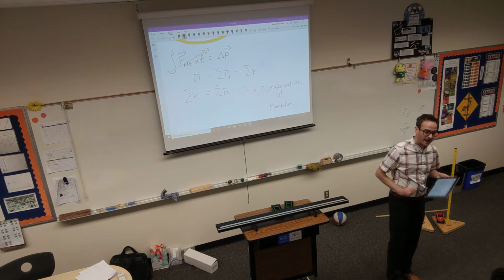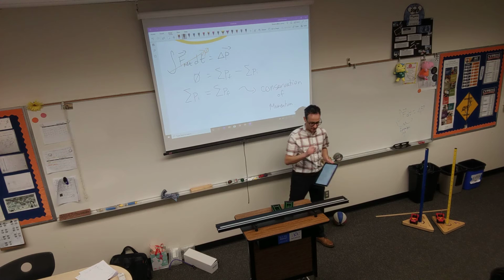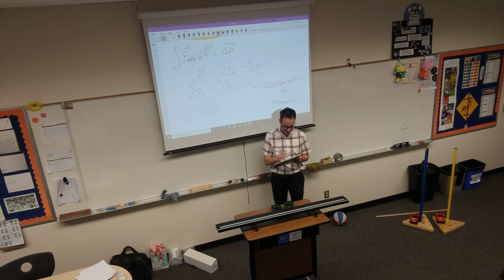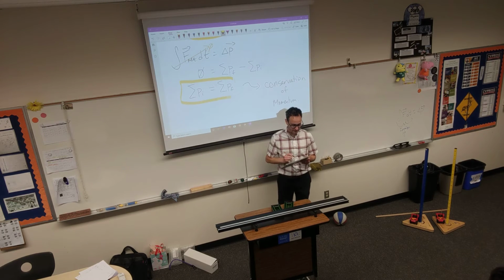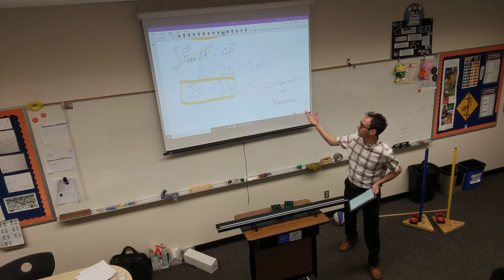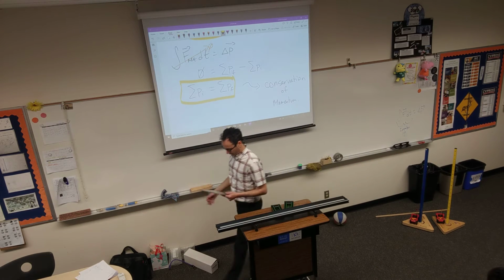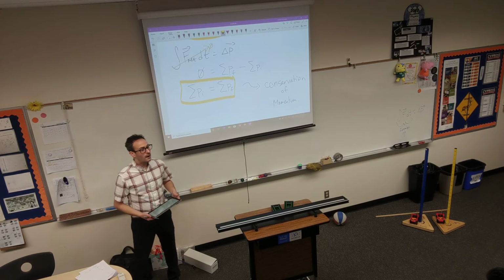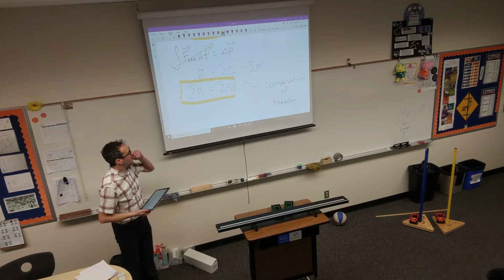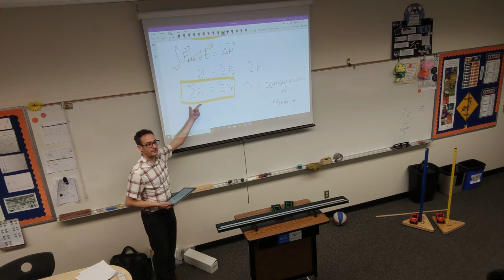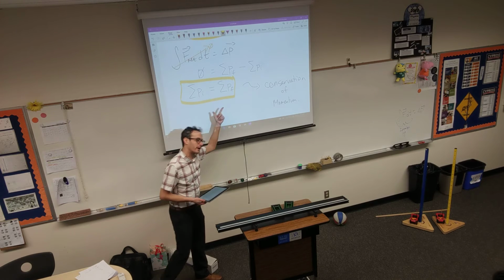So something that you found experimentally in your data shows up in the impulse momentum theory, or law, or whatever you want to call it. Yes, conservation of momentum. This is whatever's inside your system, whatever you choose.